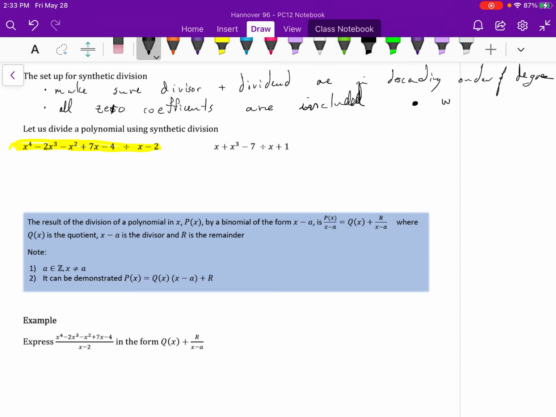Now I'm out of space, and what we do is we write only coefficients, and also add down, multiply across. Repeat until done.